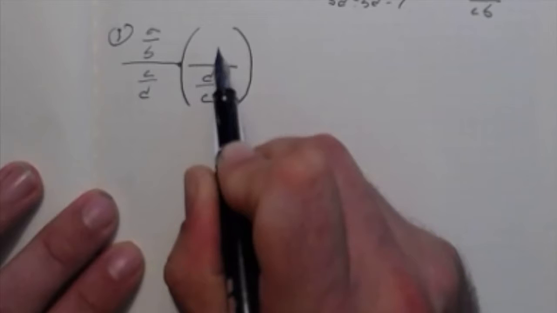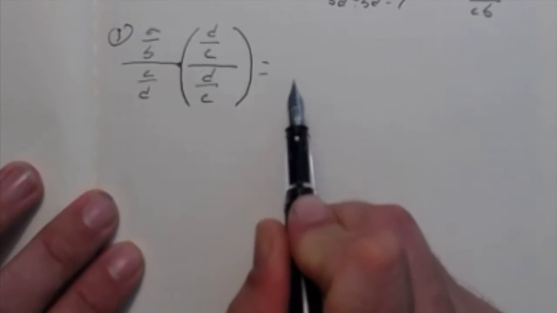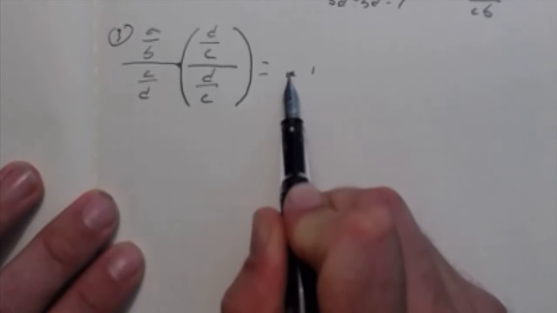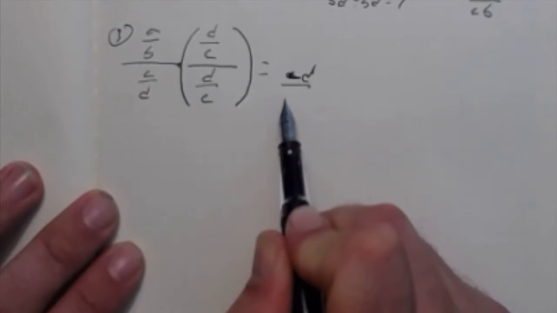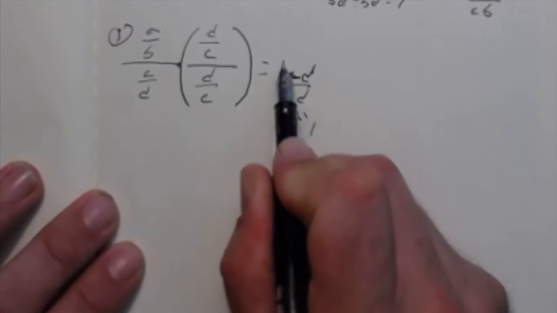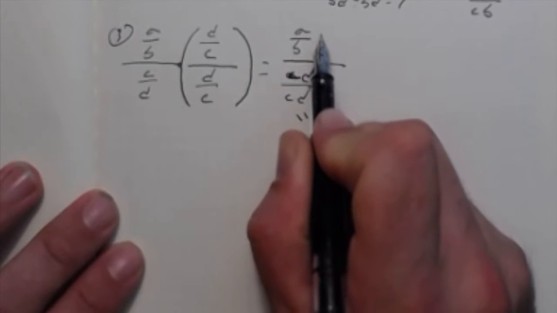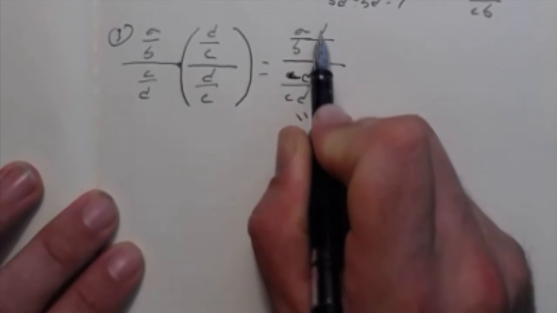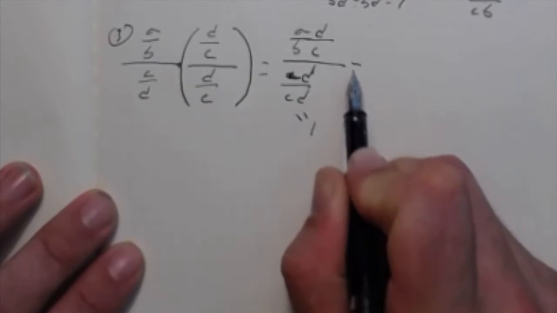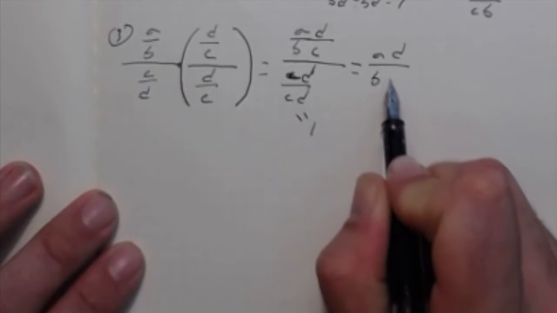This is going to give me a times d over b times c, all divided by c times d divided by c times d. My denominator is a number dividing itself, which is 1, as long as those numbers are not 0. So my numerator, AD over BC, is what's left, and I've got it simplified.